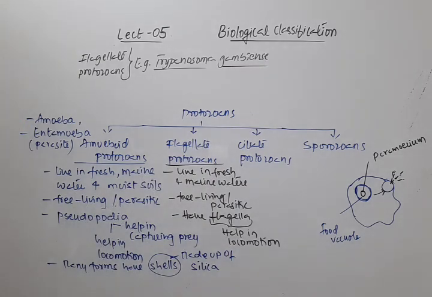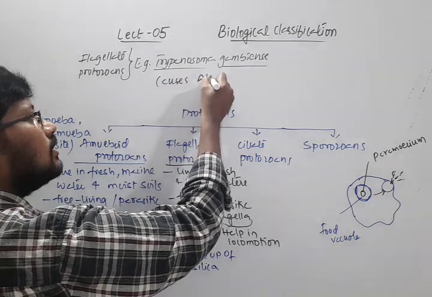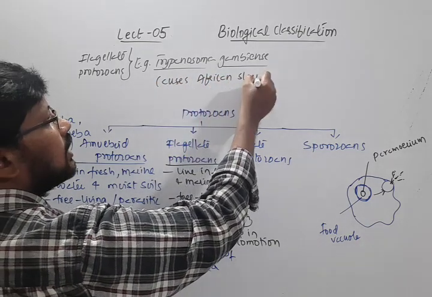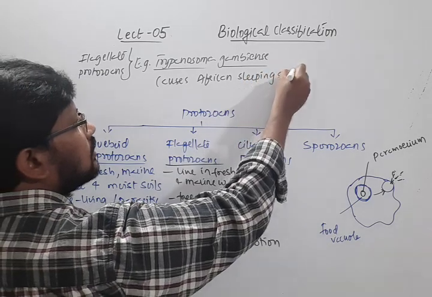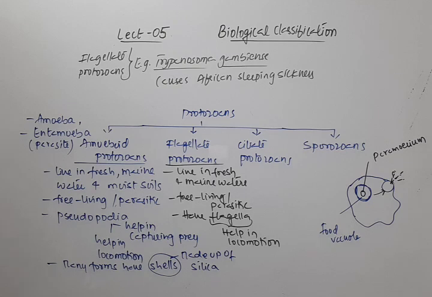So there is a parasite called Trypanosoma gambiense. This one causes a disease called African sleeping sickness.